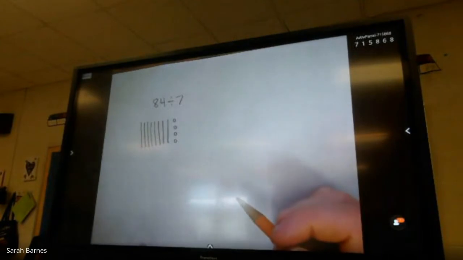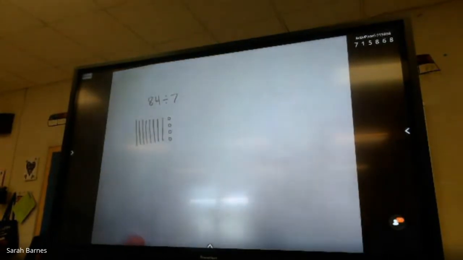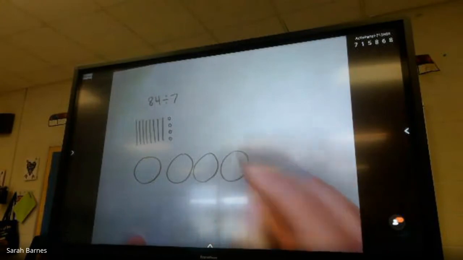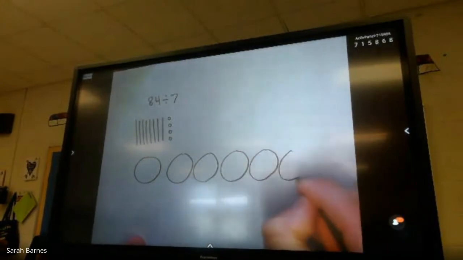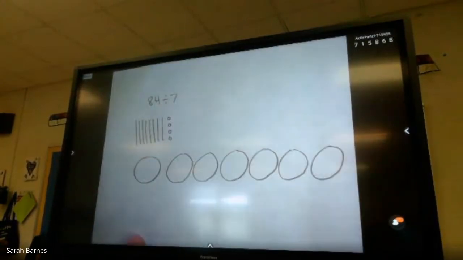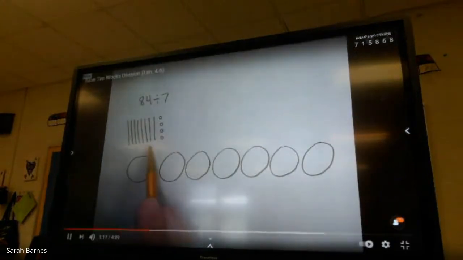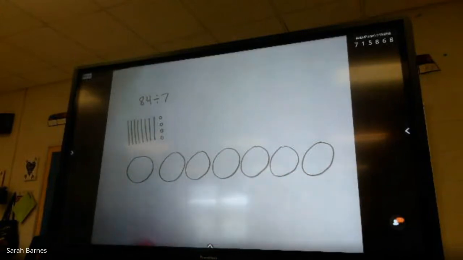Now, since I'm dividing among 7 groups, I'm going to draw 7 circles in which I'm going to share. 1, 2, 3, 4, 5, 6, 7. Now my goal is to share my 8 tens and 4 ones among 7 groups so that each group has the same amount. I'll start by sharing my tens.